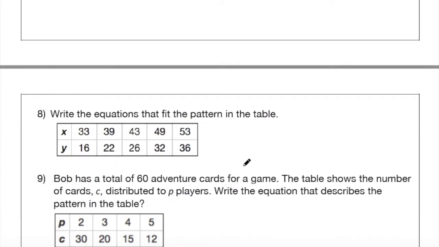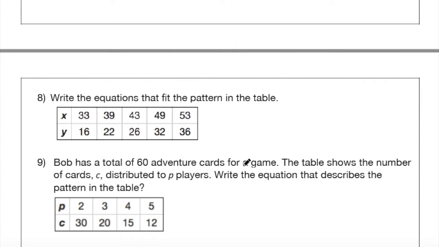Next question. Write the equation that fits the pattern in the table. You have here 33 and now 16. There is no number that you can divide 33 by to give you 16, so maybe it's subtraction. Let us see how much we subtracted. 33 minus 16 equals 17.